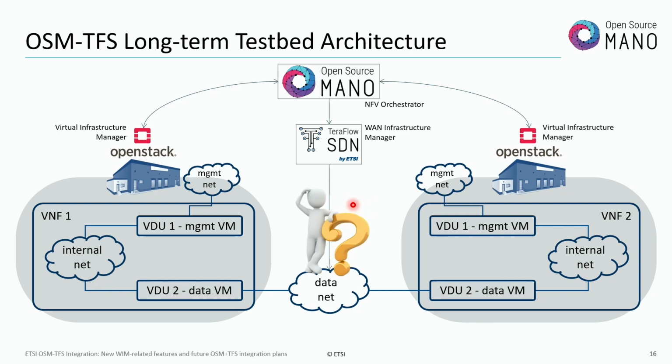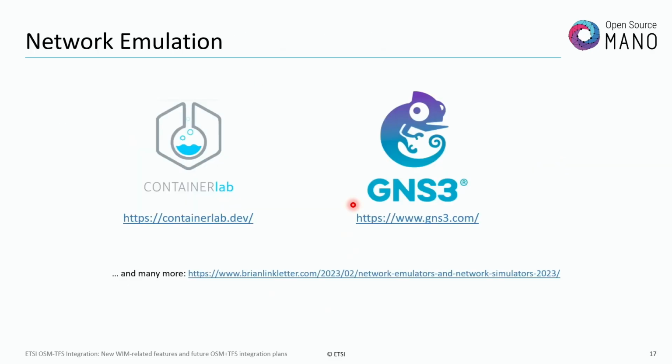But the problem is how we address that. How can we do something that we can deploy, for instance, at ETSI premises, and then have an environment that we can use for testing both OSM and TFS? Well, let's try to bring some light here with a proposal.